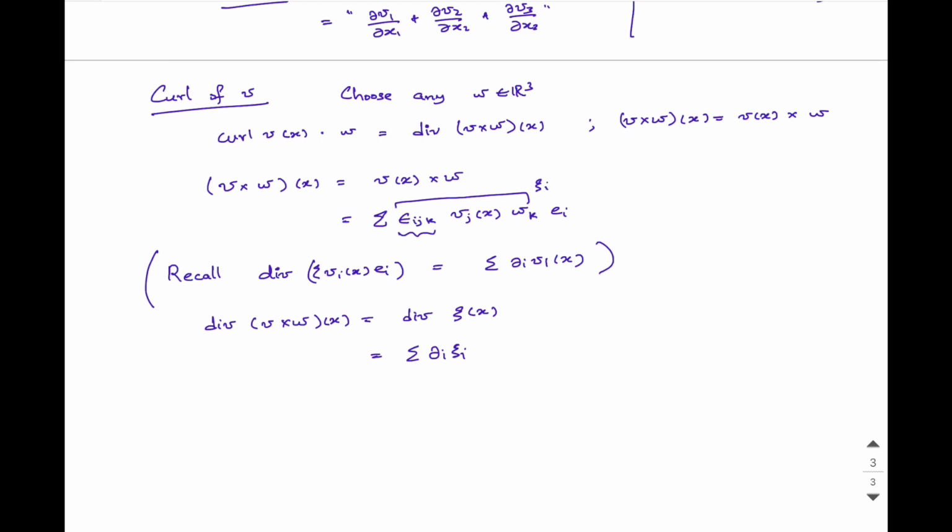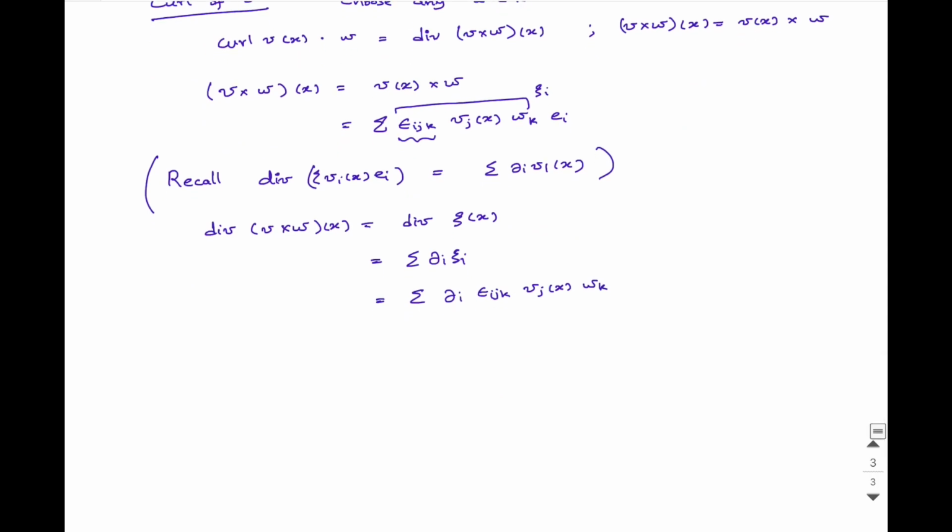So all I have to do is substitute this expression over here, and I immediately get a summation of partial i epsilon ijk Vj of X Wk. And again, notice that epsilon ijk is a constant, Wk is a constant, so this just simplifies to summation epsilon ijk partial i Vj Wk.